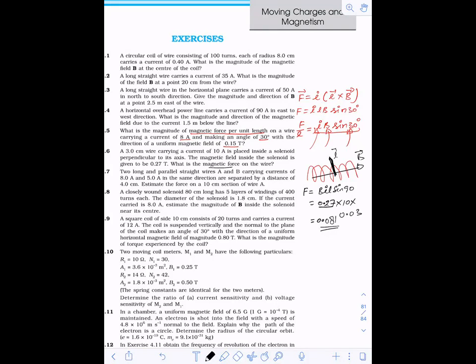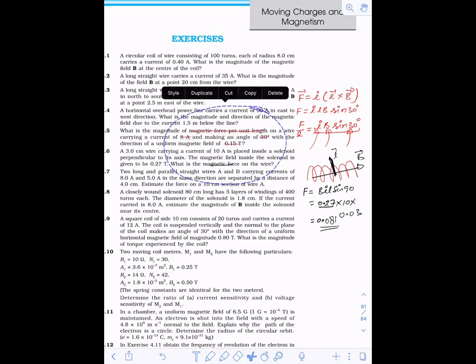Then question number 7 we will see. Two long and parallel straight wires A and B carrying currents of 8 ampere and 5 ampere in the same direction are separated by a distance of 4 centimeter. Estimate the force on a 10 centimeter section of wire A. Can you visualize which case it is?